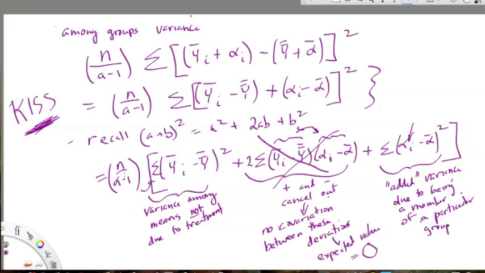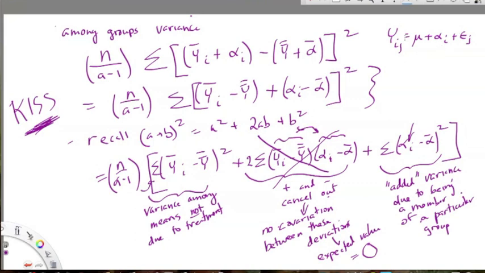Okay, so here's the underlying theory. I realize it's a little bit complicated, and it really relies all on our basic idea that any particular observation, y sub i, is determined by being a member of a particular species, for example, so that has a certain mean, but also by being a member of a particular group, and then also the individual variation above and beyond that group variation.